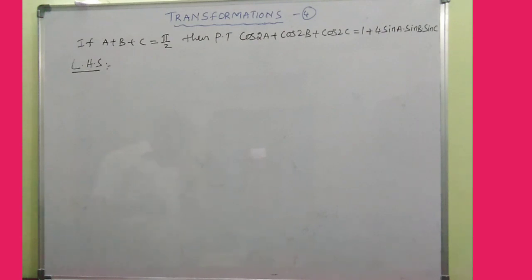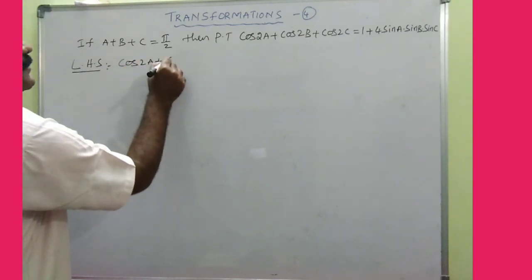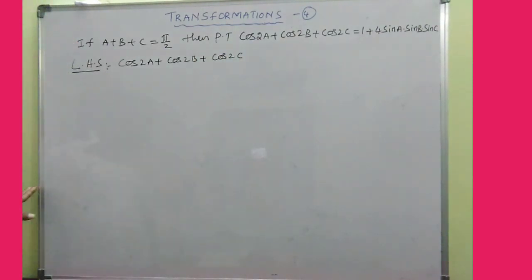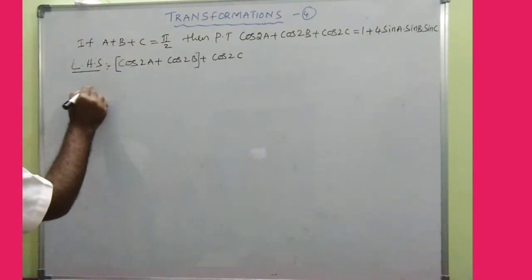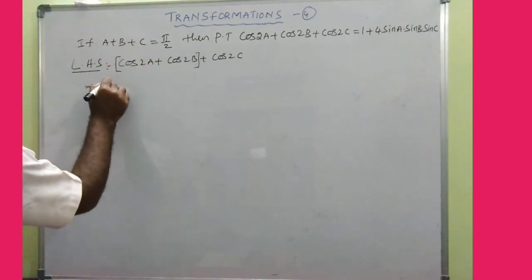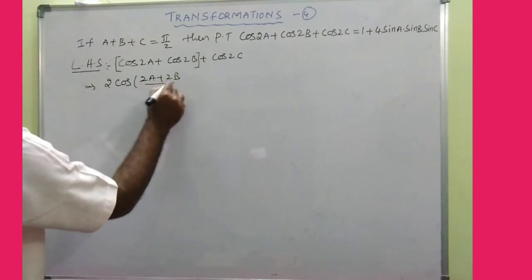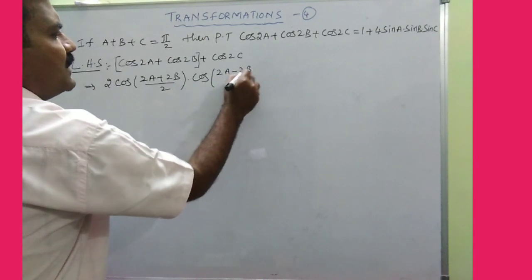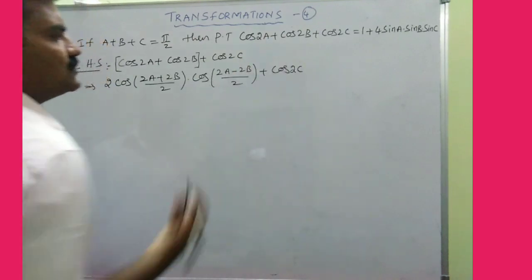Okay, so come on. What is the LHS here? Cos 2A plus cos 2B plus cos 2C. Within this you can treat any two together. Suppose these two. Now the formula is cos C plus cos D equals 2 cos of C plus D by 2 into cos of C minus D by 2, so 2 cos of (2A plus 2B) by 2 into cos of (2A minus 2B) by 2, plus cos 2C.